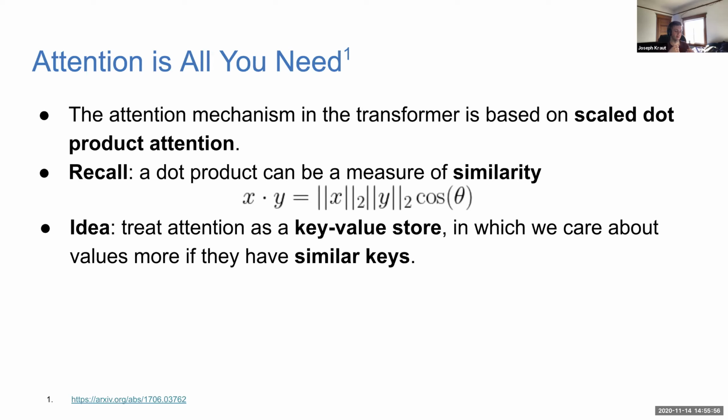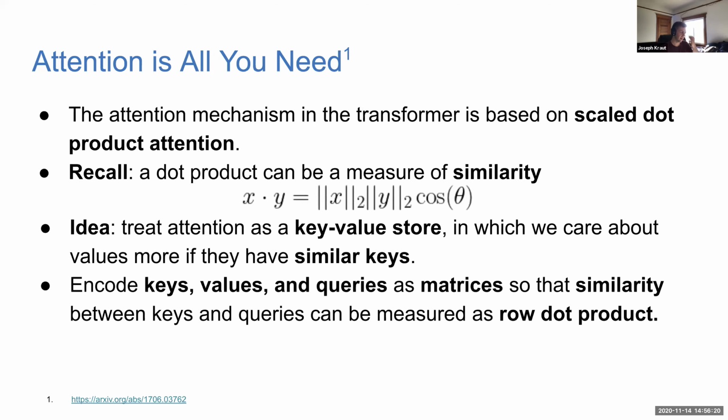And what we really care about is we want to be able to query this key value store and get back values from the key value store, even if the key doesn't exist. So we want to query with a query Q and get back values for which the keys representing those values are similar to our query.